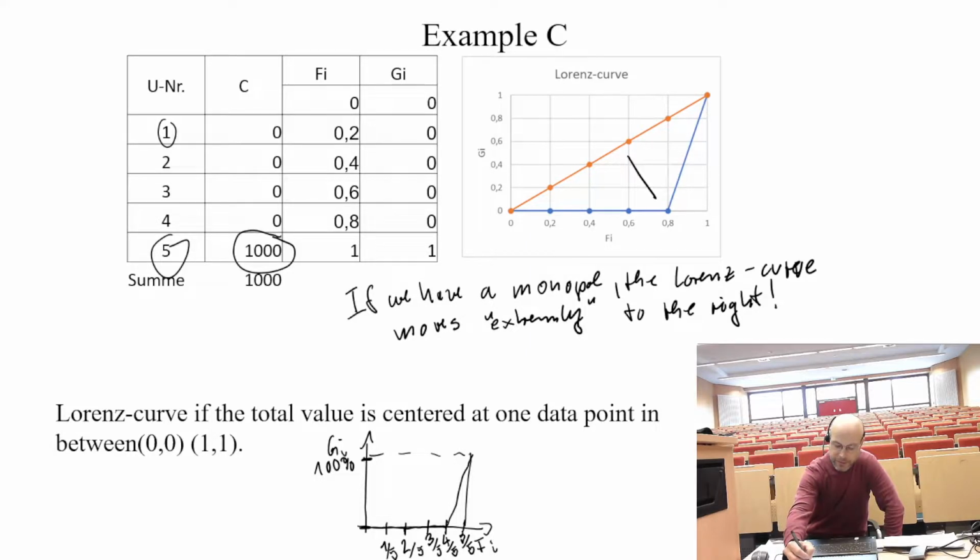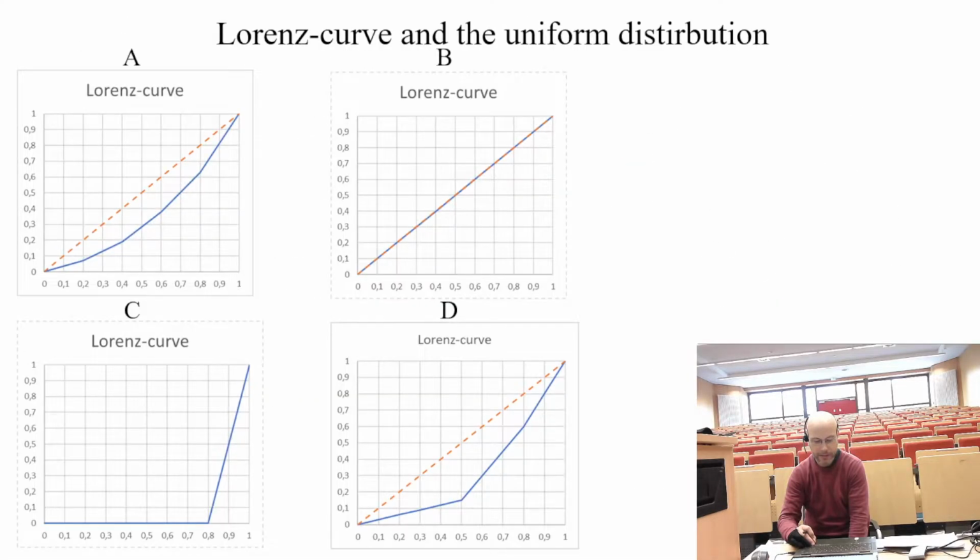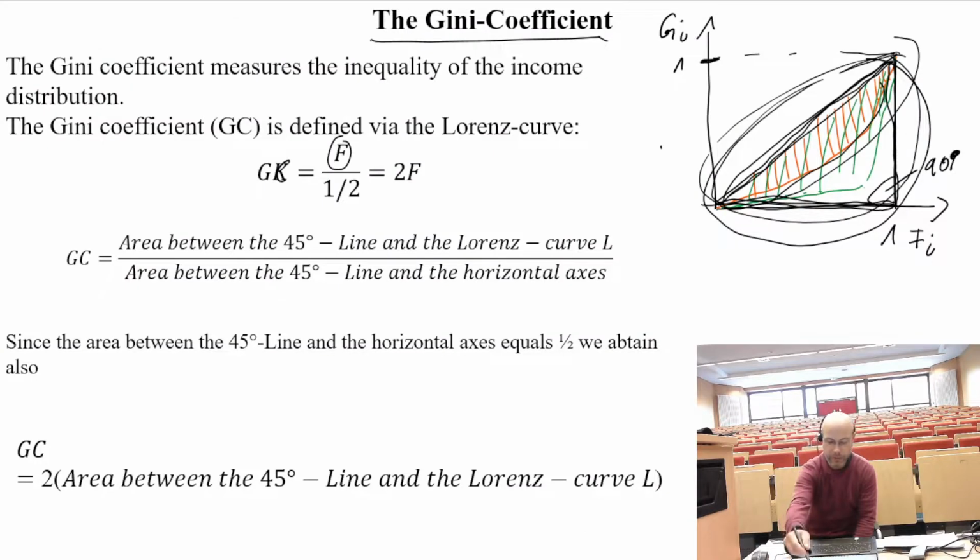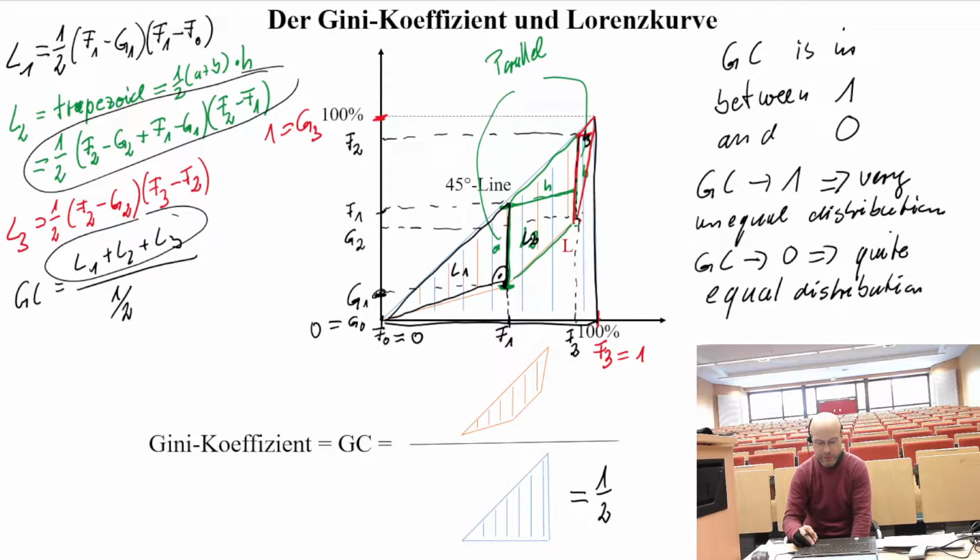Then you have this extreme case that the Lorenz curve is 0 and then just jumps up from the last part in the distribution to our 1. This is only a visual representation of the inequality of a distribution, and then we started to introduce the so-called Gini coefficient.